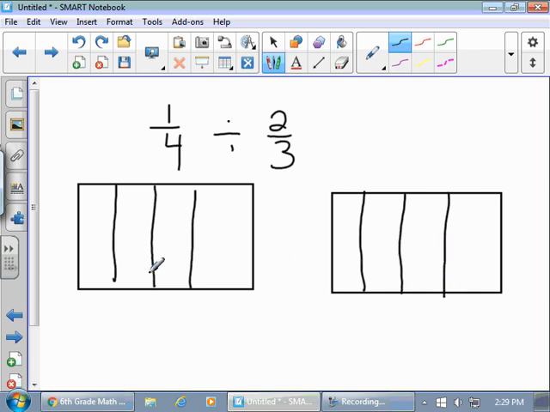But you're only going to color 1/4 of the first one. Yes, only color the first one.